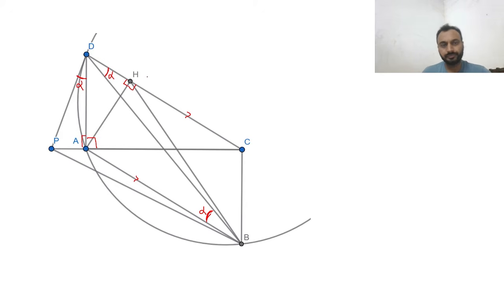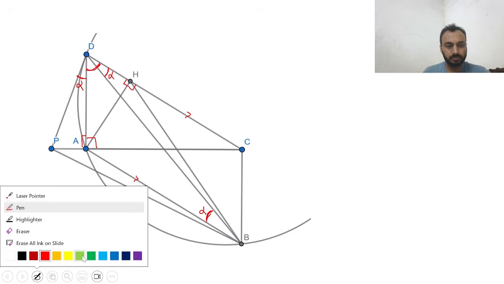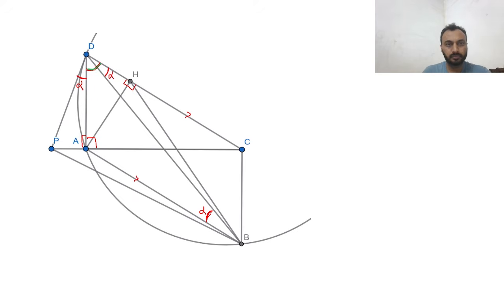If we assume that this whole angle is theta, then this angle will be theta minus alpha. Now by simple angle chasing, as this angle becomes 90 minus theta, this angle becomes theta.